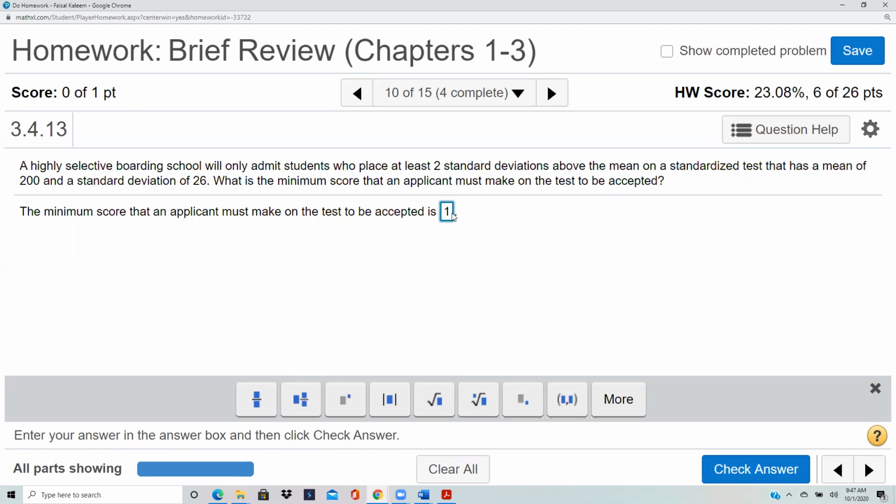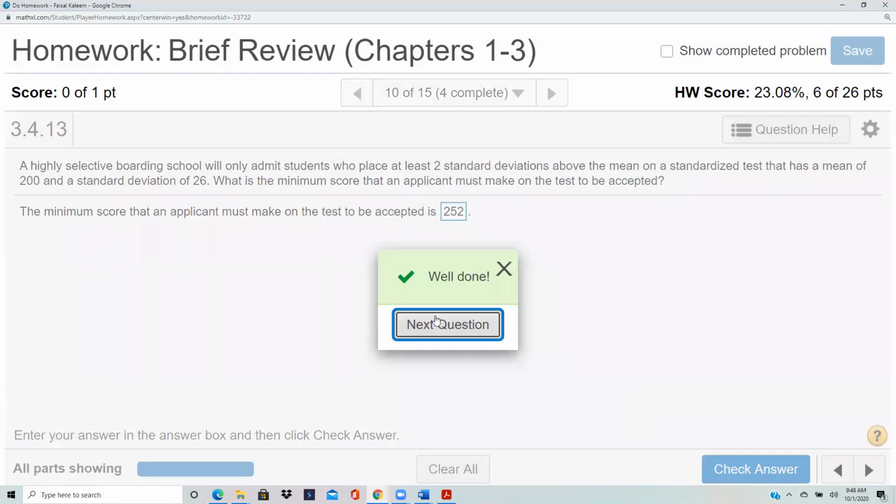No, that looks suspicious. You did 26 times 2, right? Which is 52. And then shouldn't you add that to the 200? Oh, I put 100. Oh, 100's in my problem. That's why I did. Okay. So this one will be 252.